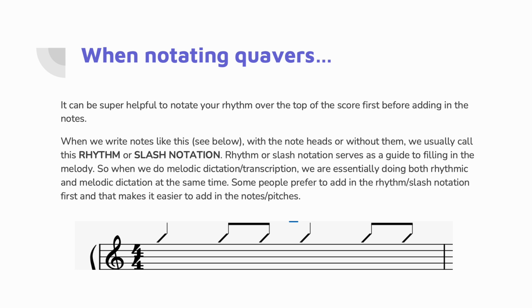So when we do melodic dictation, we are doing rhythmic dictation or rhythmic transcription as well as melodic dictation or transcription. Some people prefer to mark in with slash notation the rhythm first, and then that makes it much easier for them to mark in the notes and the pitches of their melodies.